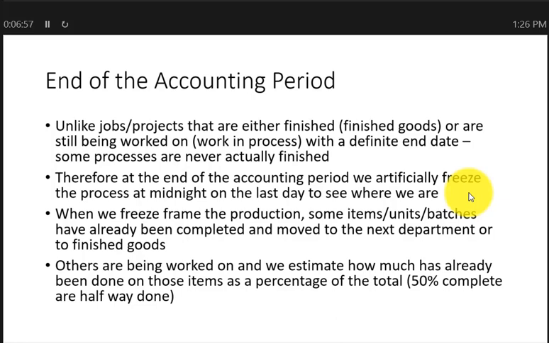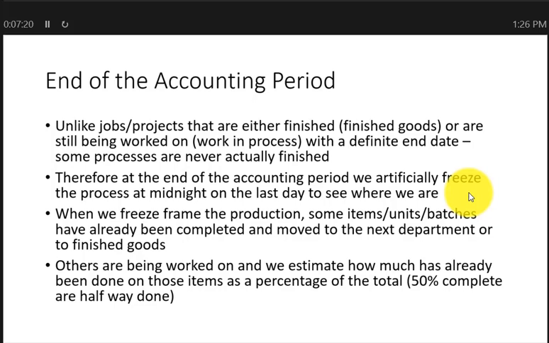Those items could be a lot, it could be a little. If you have a just-in-time inventory scenario, you would have very little working on at any given time, okay? But if you're more of a just-in-case inventory, you may have a lot of work-in-process inventory.